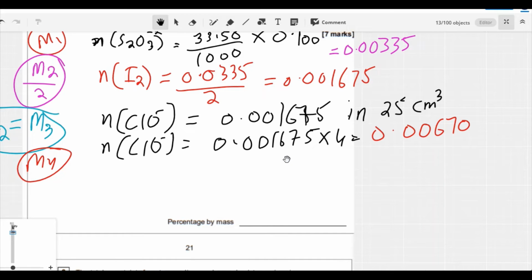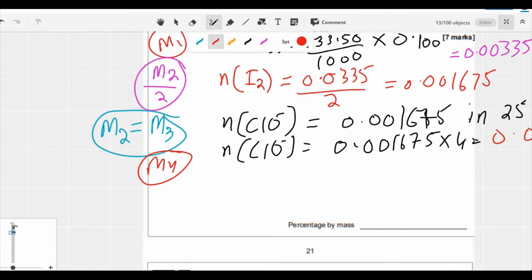Now the moles are given, so we need to find the mass of the chlorate. As we know, mass is equal to moles times molar mass, so here it would be the molar mass of the sodium chlorate.